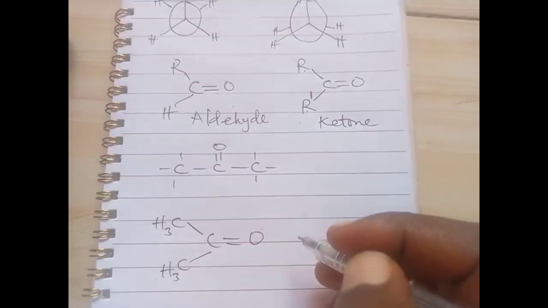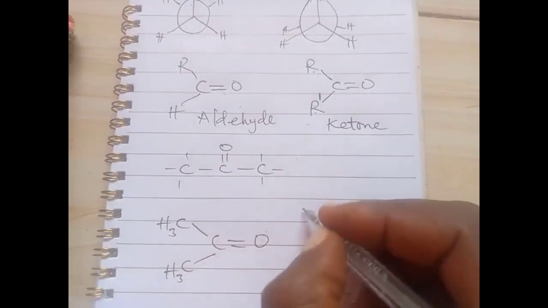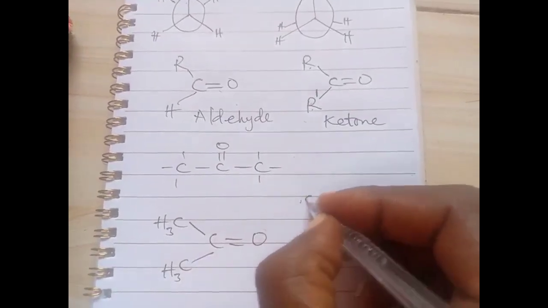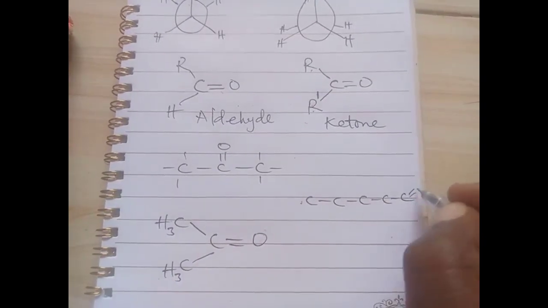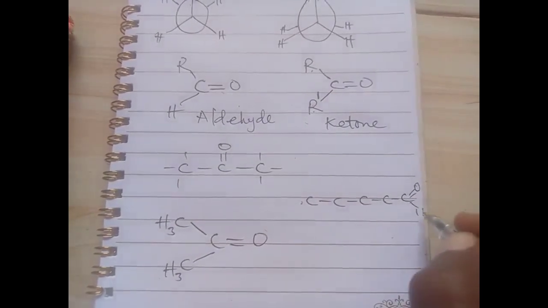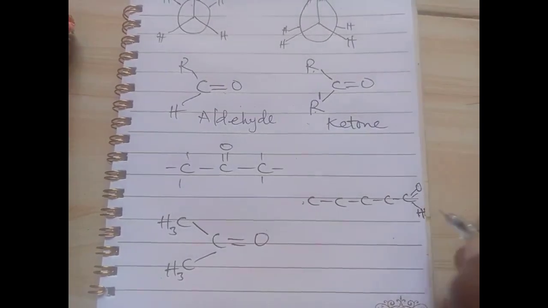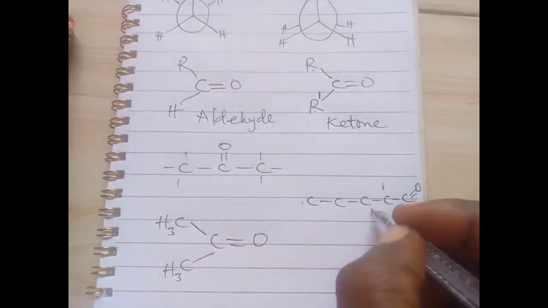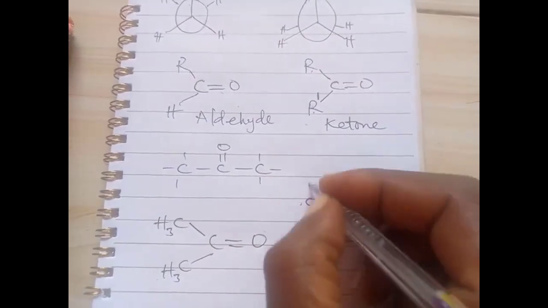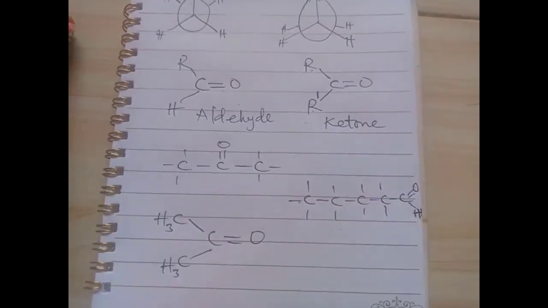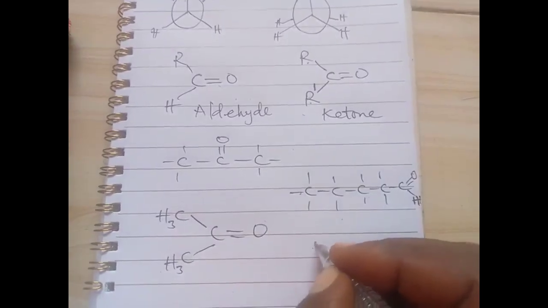The next one is pentanal. Pentanal, let's say 1, 2, 3, 4, 5. So the rest hydrogen. The next one, benzaldehyde.